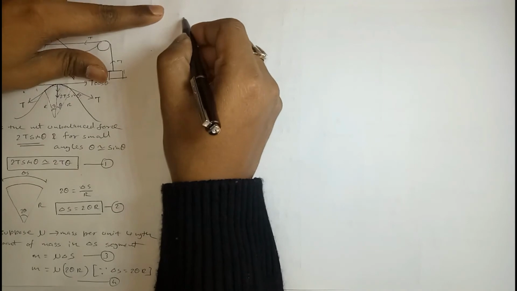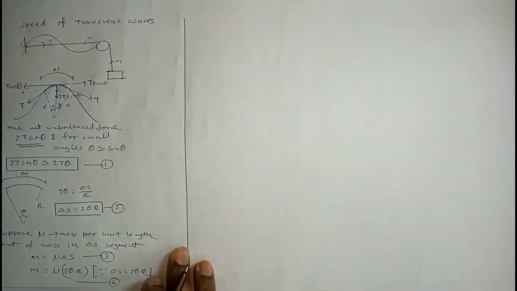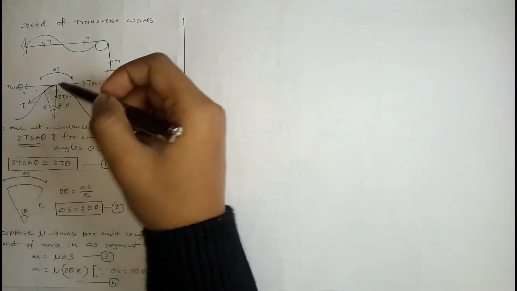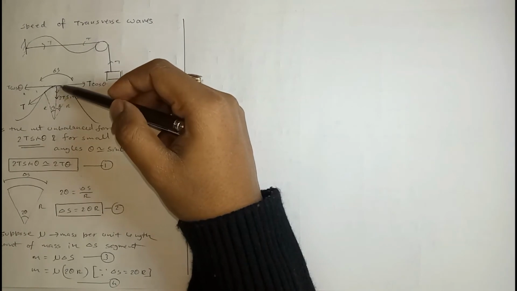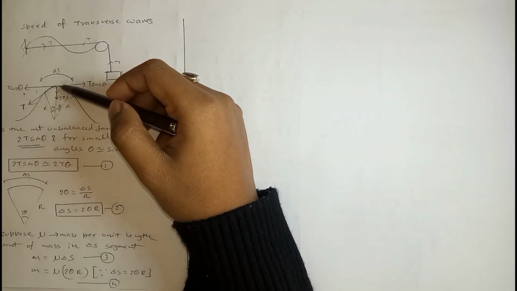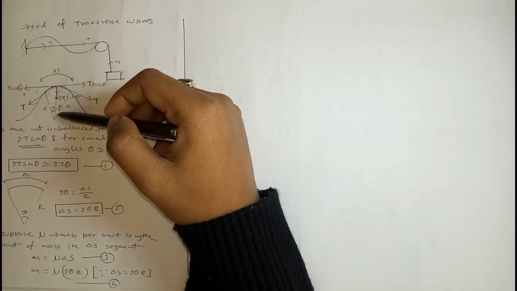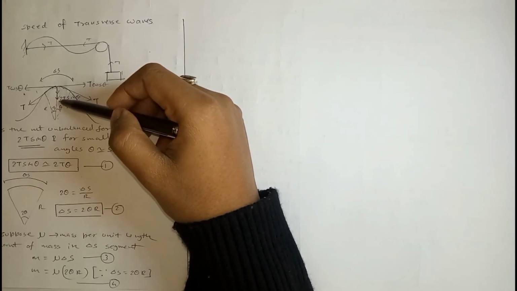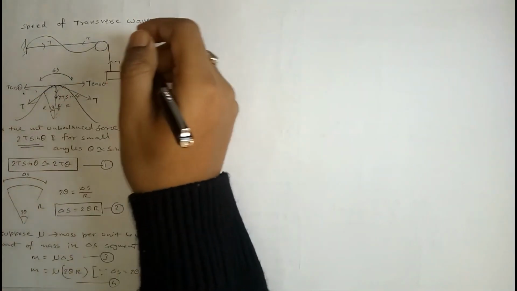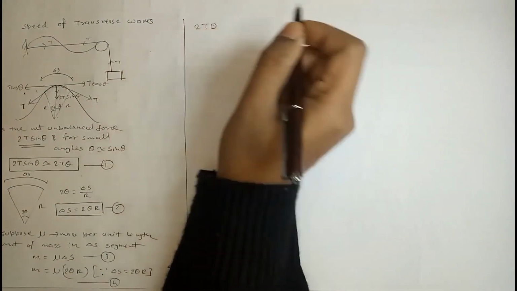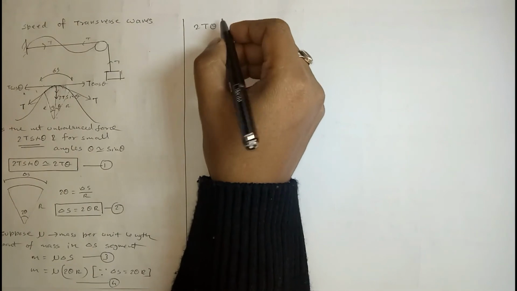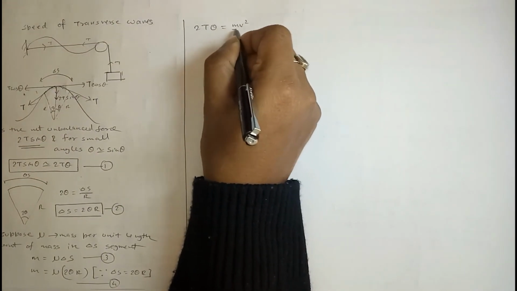Now, as we discussed, this part is in a curved or circular path having some radius, so due to this circular path we apply centripetal force, because the centripetal force is the force which maintains a body around a center. So we write 2T theta is equal to the centripetal force, that is mv squared upon r.